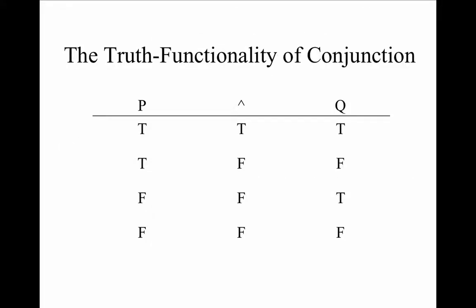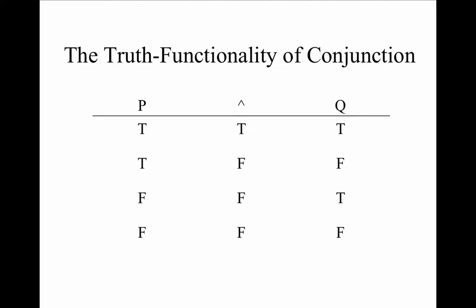Here we have a truth table that shows us how we generate the possible truth values for a sentence governed by conjunction. Another way to put it is this: the values that you see in the column under the caret are the definitions for any sentence governed by conjunction.